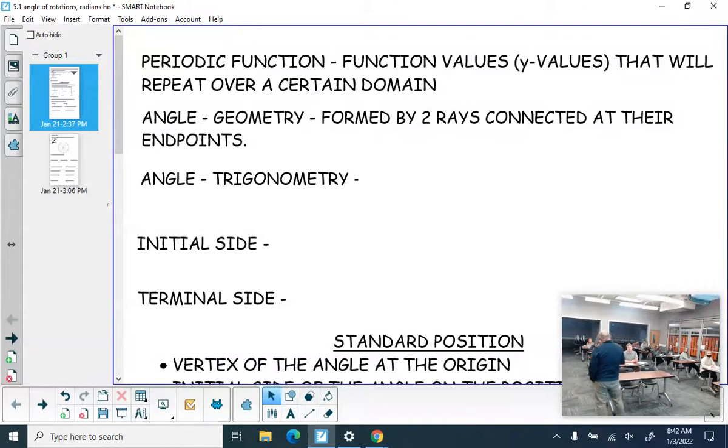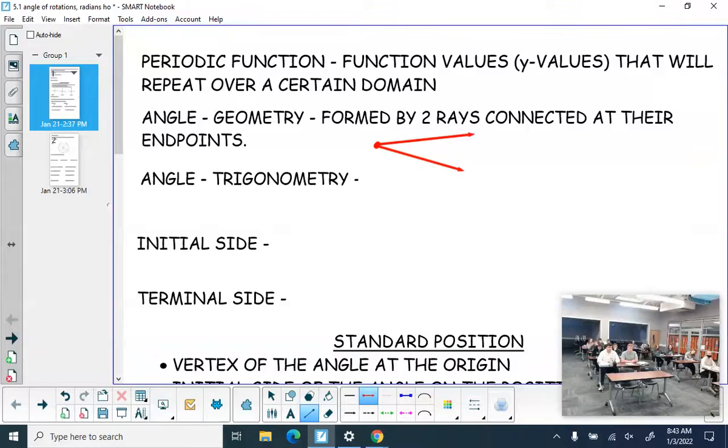When we were in geometry, we talked about the idea of an angle. What you learned in geometry was an angle was formed by two rays connected at their endpoints. You had two rays connected at their endpoints.